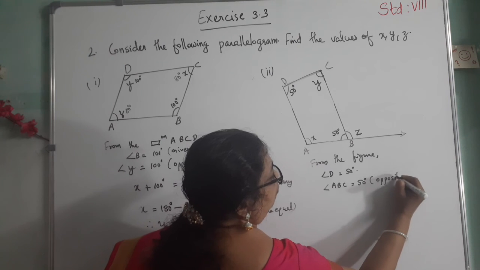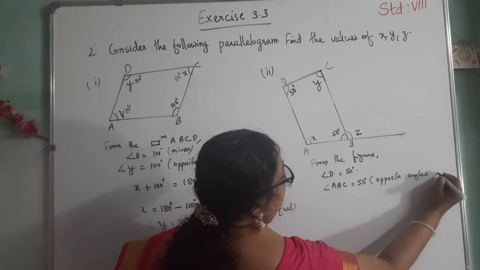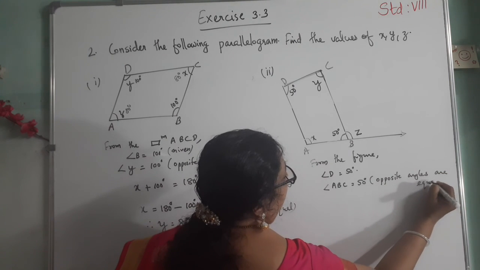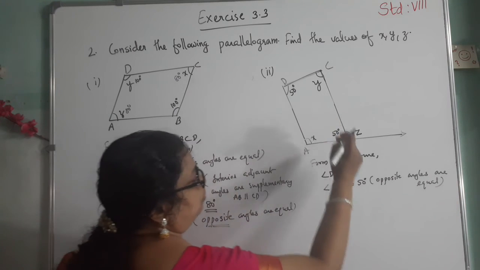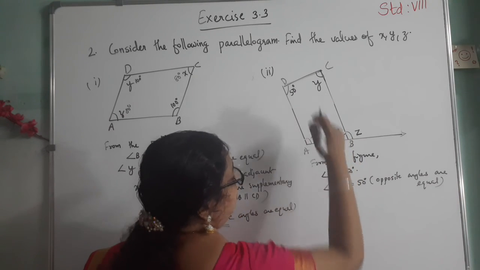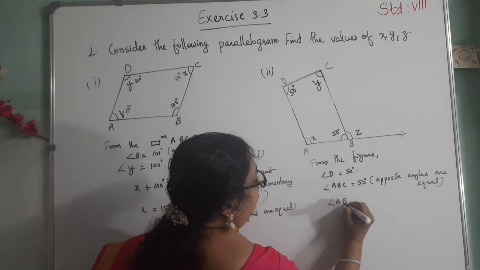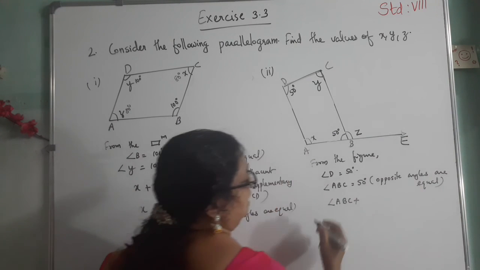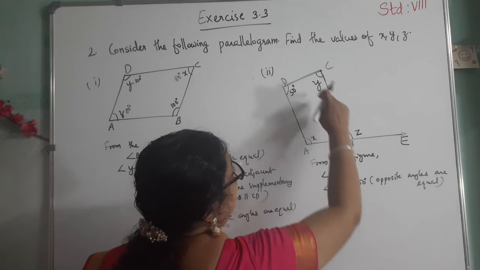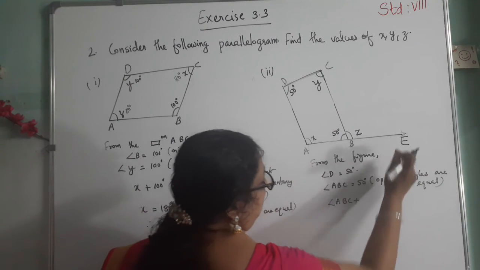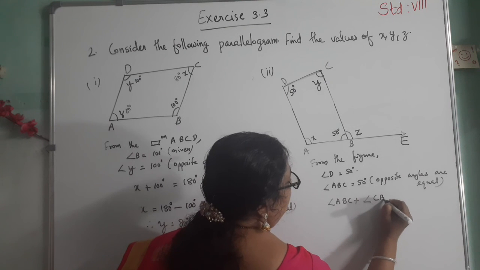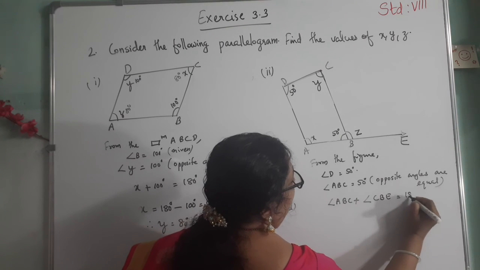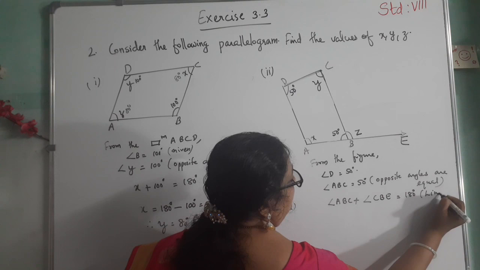The reason: opposite angles are equal. Then, as the side is extended, we can name the point E. Angle ABC plus angle CBE equals 180 degrees, linear pair.